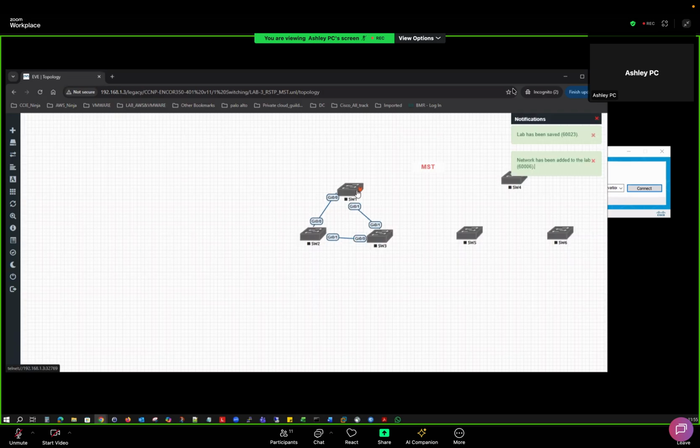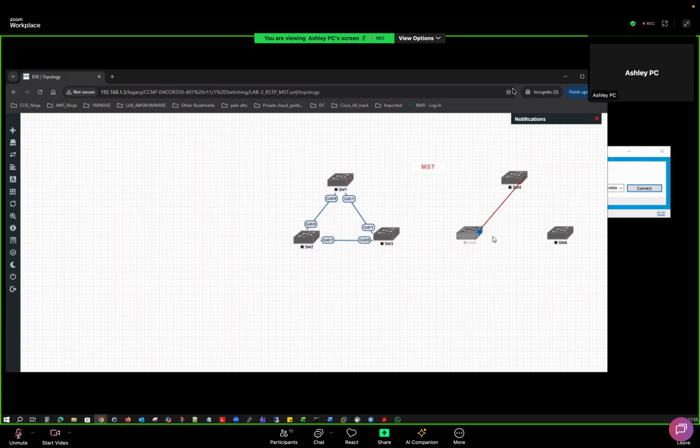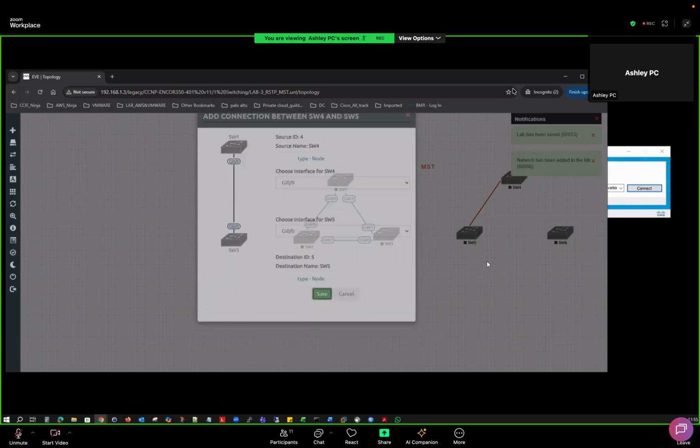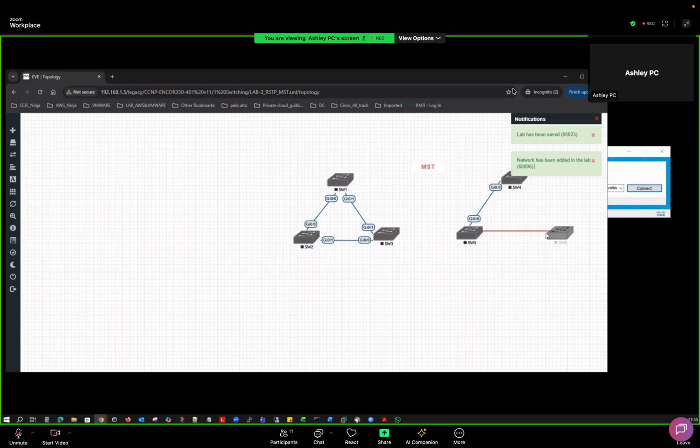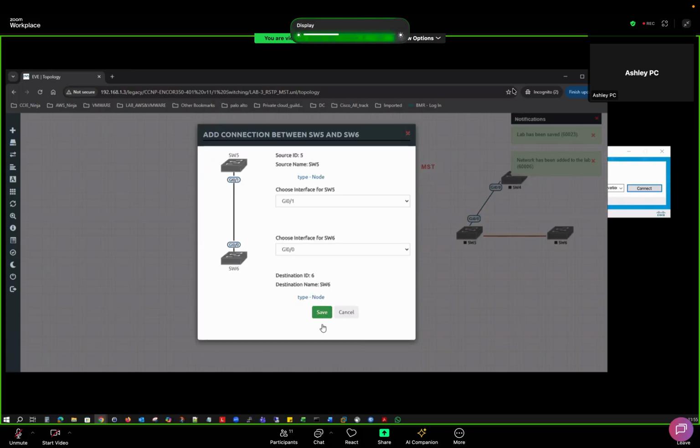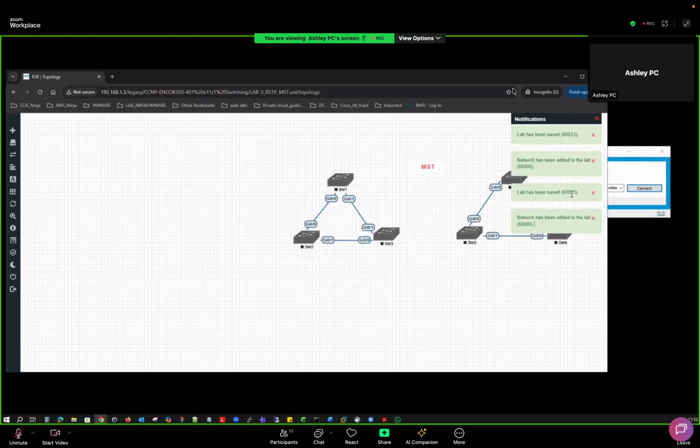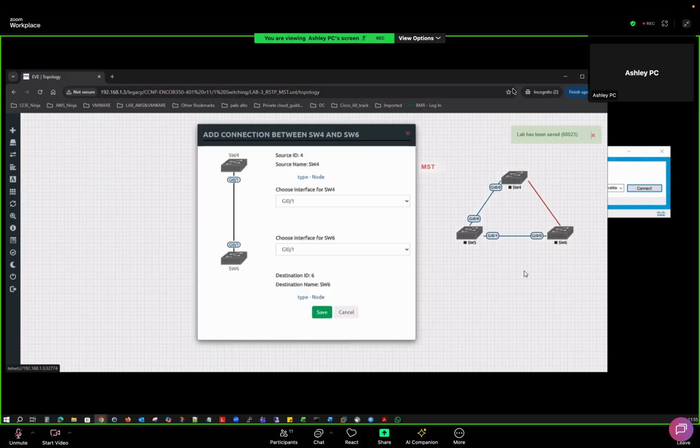This switch also connects to this switch, and 4 is going to connect to 6.